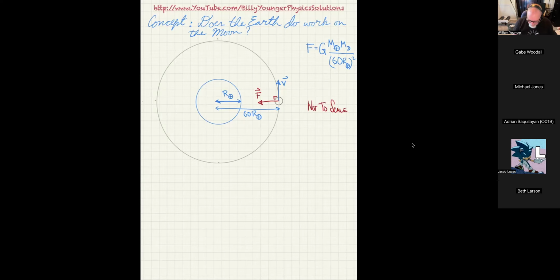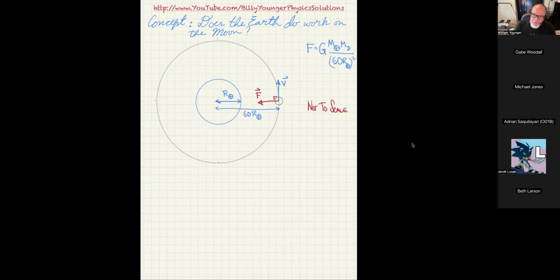Now, the velocity we know is, of course, perpendicular, or in some sense perpendicular to that force. But if you didn't see it was perpendicular, you'd at least know that the velocity was tangential to the circular orbit. And that's what I've drawn here. It says tangential. And of course, a line tangential to a circle is, in fact, perpendicular to a line that is radial.